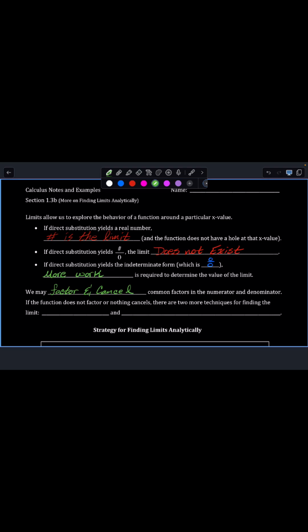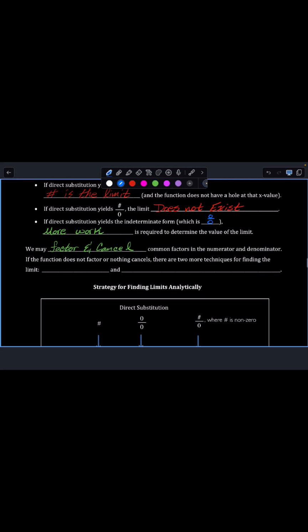We had one that ended up being 0 divided by 0, and then we factored the numerator, and we canceled the common factors from the numerator and denominator. Then we were able to go back into direct substitution and find the limit, right? So if there are no factors to cancel, then there's 2 more techniques that we can use to find the limit. One of them is called rationalize.